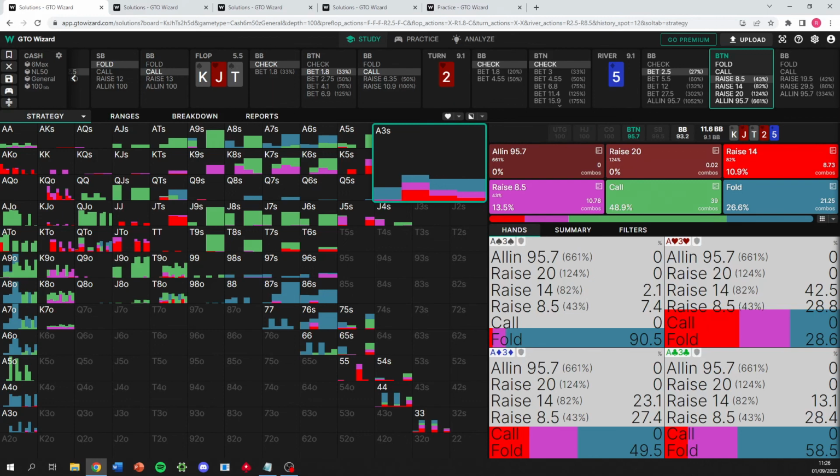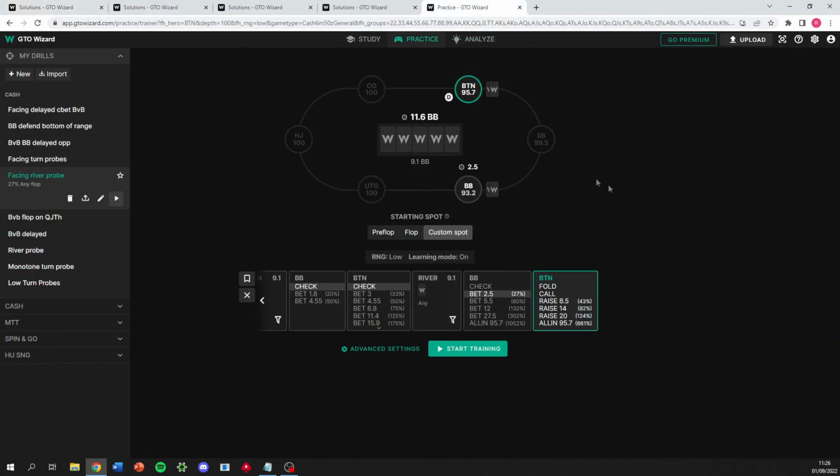But if you want, we can maybe discuss some spots in the Discord or make another video about this. I'll also leave the drill that I've made, just a small one, in the description, where it goes c-bet on the flop, check, check, turn, and then you can train this yourself, just pick whatever sizing you want to study.